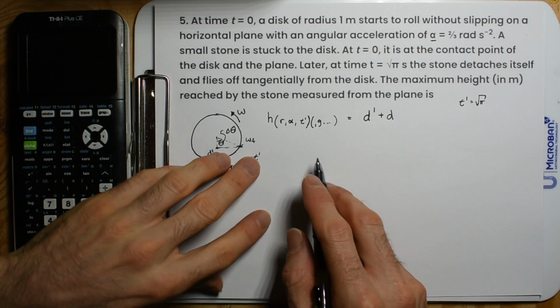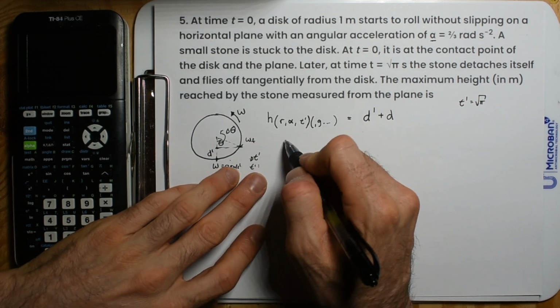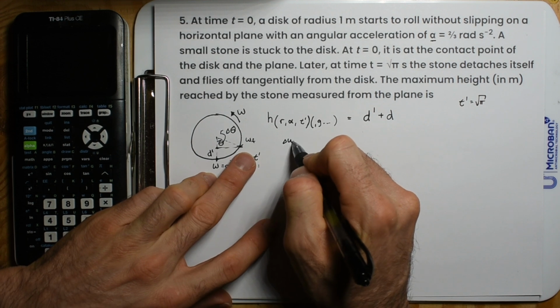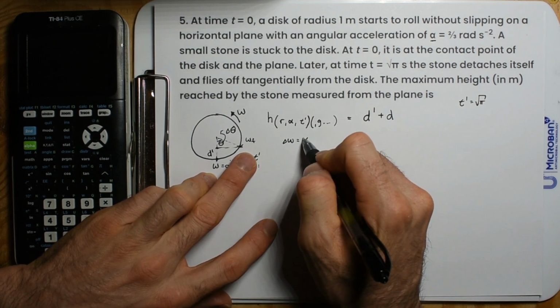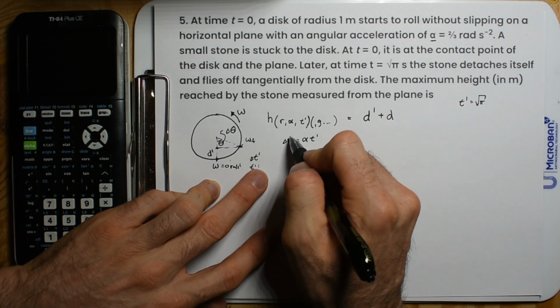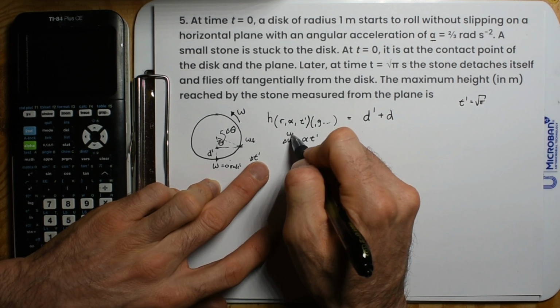So the first thing we do is find our change in omega, which is our angular acceleration times t prime. We know that this change in omega is just omega final.